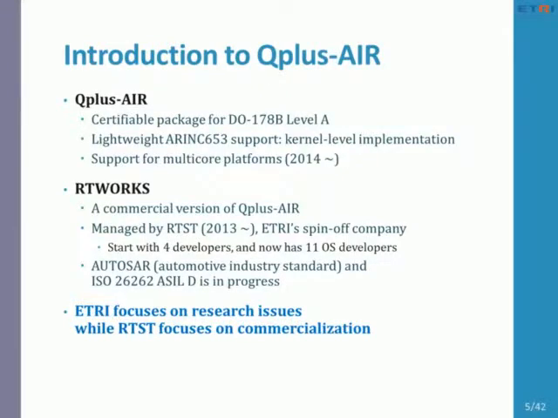So the first version of Q+Air is a certifiable package for DO-178 level B, the highest design assurance level of avionics safety. And different from other ARINC 653 compliant RTOS, which implement partitioning using hypervisor technology, we implement partitioning at the kernel level to make our RTOS lightweight.